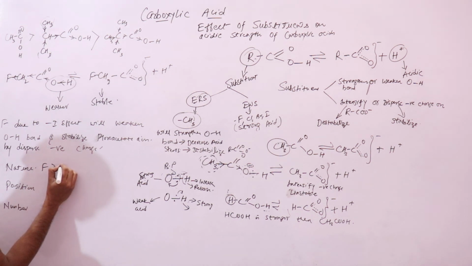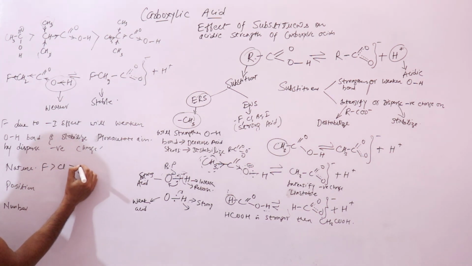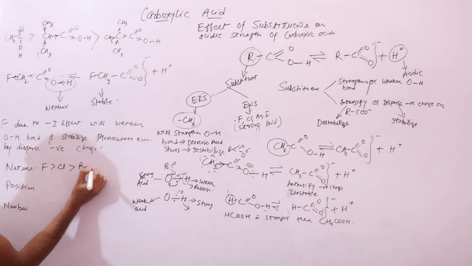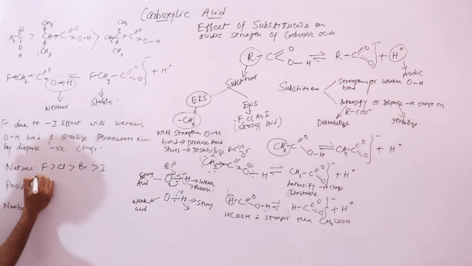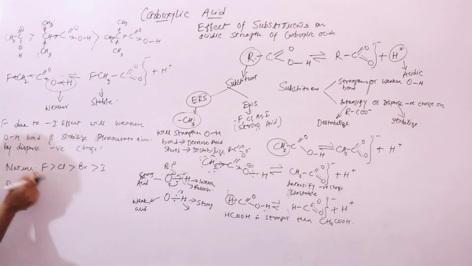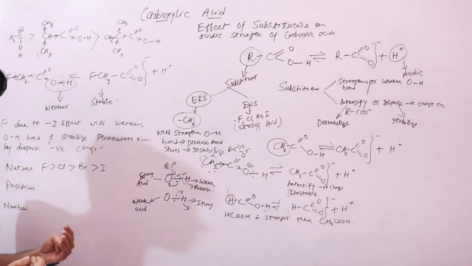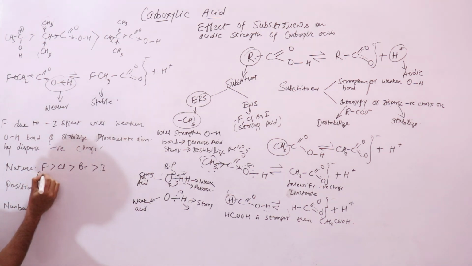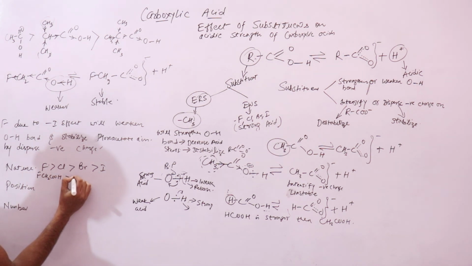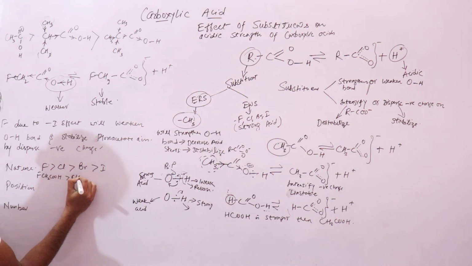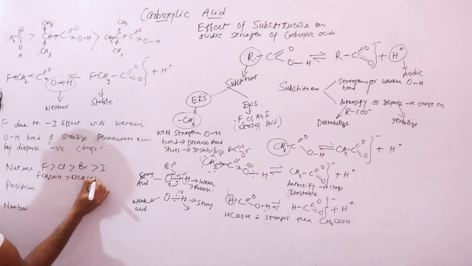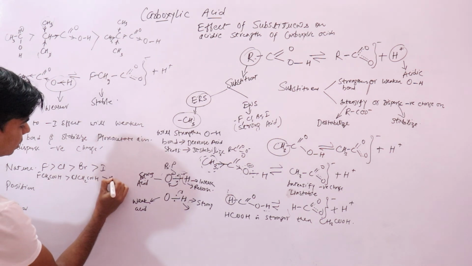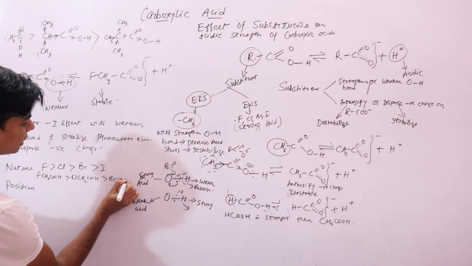So this is the sequence of electronegativity. The acid that has a fluorine atom would be stronger, because it has the ability to attract the shared pair of electrons the most, right? So this would be a stronger acid compared to this, and this would be stronger compared to bromoacetic acid, right?